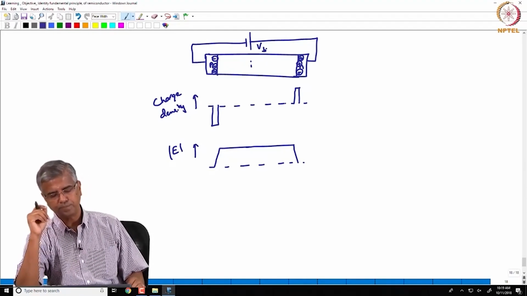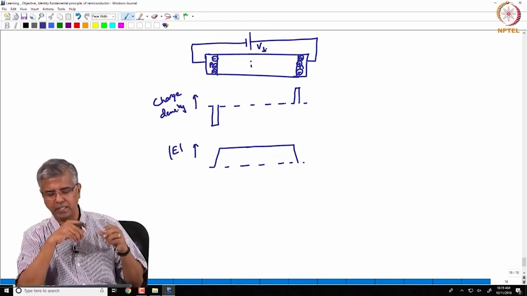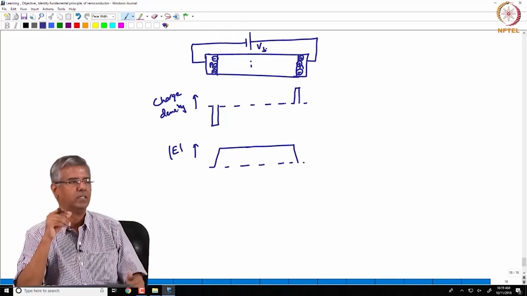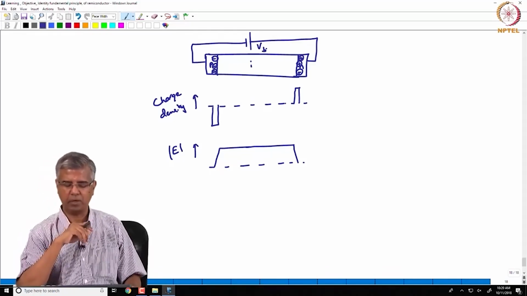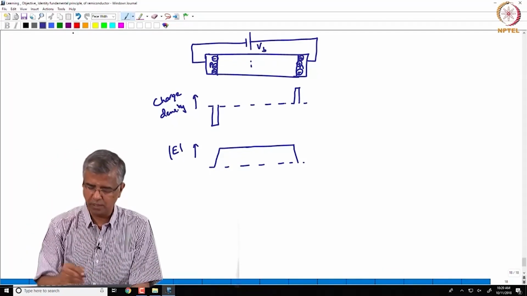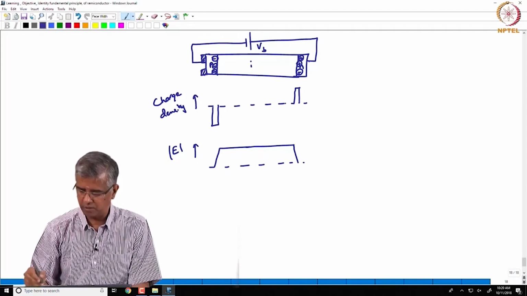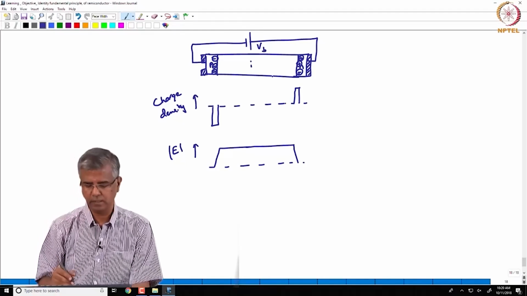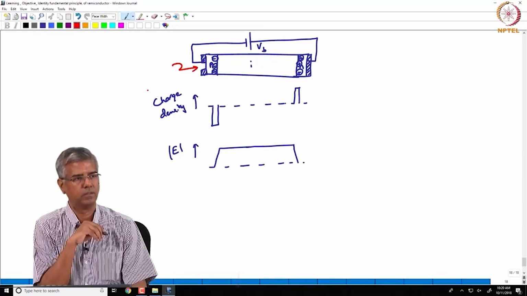And another thing is that the I region can be extended to whatever width you want. Why is that important? Because the typical way of illuminating this is that you have your electrodes defined like this, and you illuminate from here.